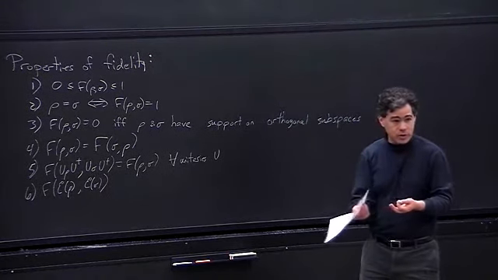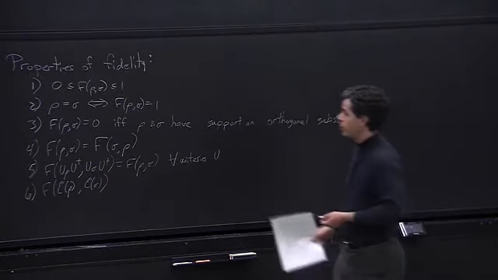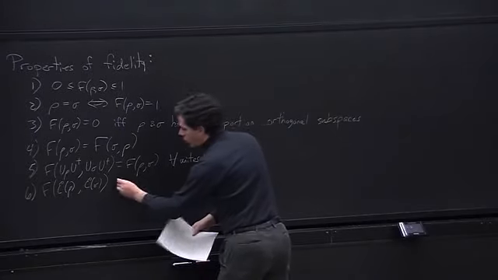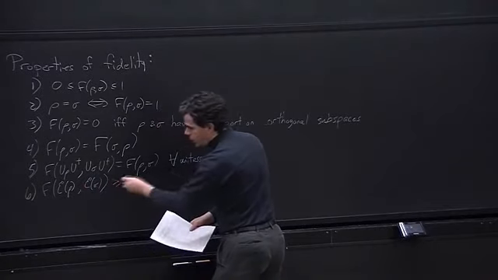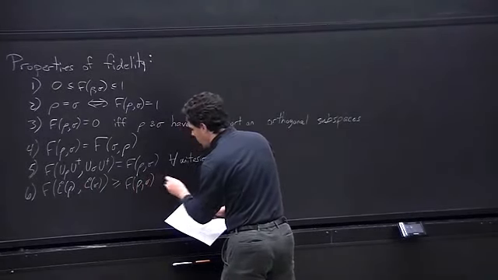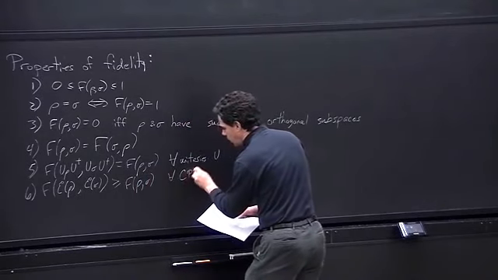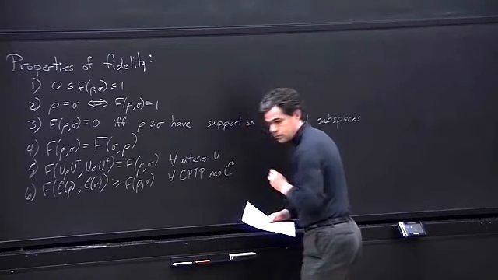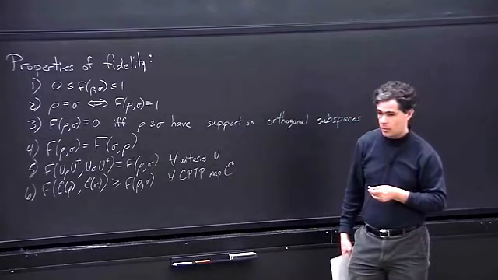And that means they're closer together, so the fidelity should get higher, because the fidelity equals 1 cases when they're the same. So the fidelity of E of rho, E of sigma is greater than or equal to the fidelity of rho and sigma for any completely positive trace-preserving map E. Okay?